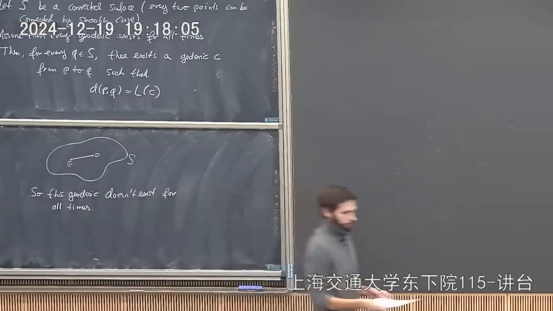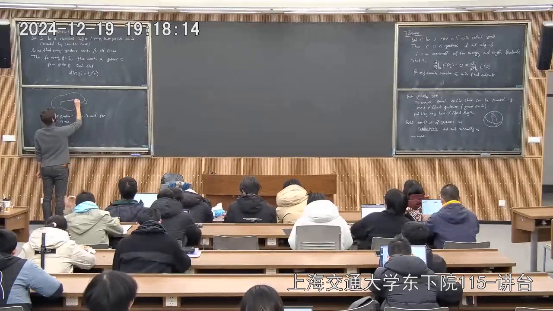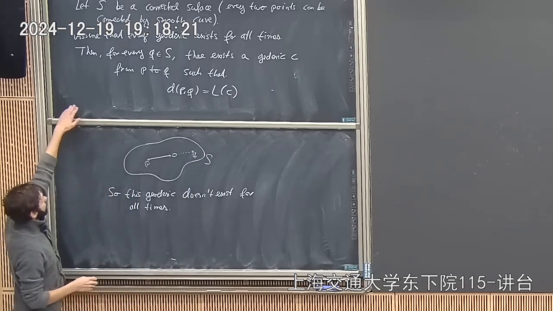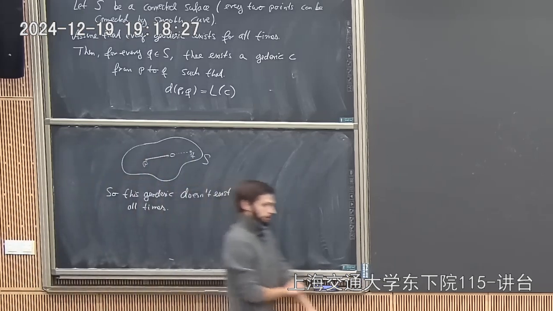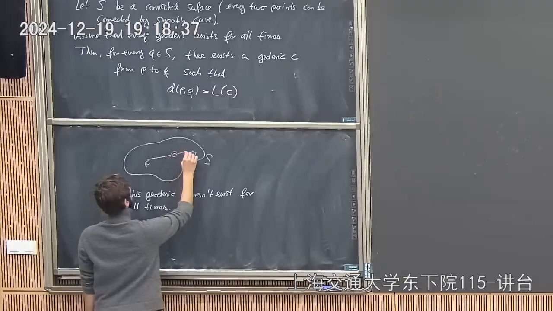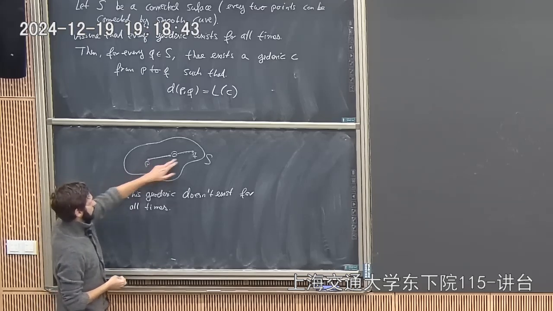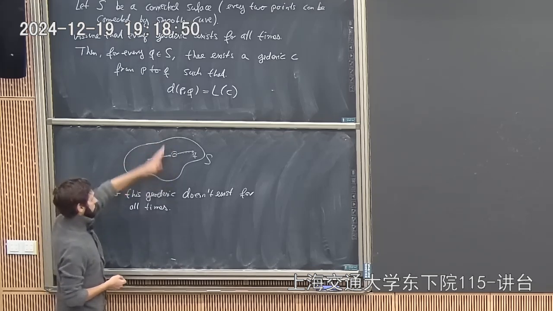And that means that if you now choose a different point, which is lying on that line, so I continue that line and choose my point Q here, then we have a counterexample to this theorem, namely I can still connect P to Q by some curve, like I can walk around here and then go to Q, but I will never be able to make the distance between P and Q be the length of this geodesic that I choose here, because I always have to go around something.